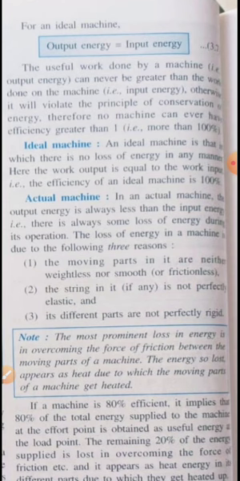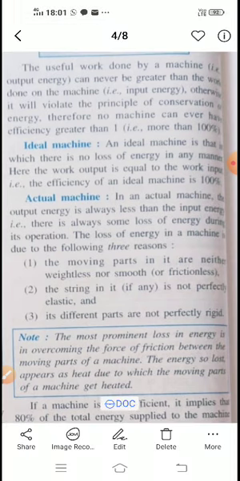In an actual machine there is a loss of energy. This loss basically takes place because of the friction between the moving parts of your machine. You all know what friction is. The moving parts are neither weightless nor smooth, so there is always friction, and the energy is lost as heat energy. Also, the string is not perfectly elastic, and the different parts are not perfectly rigid.